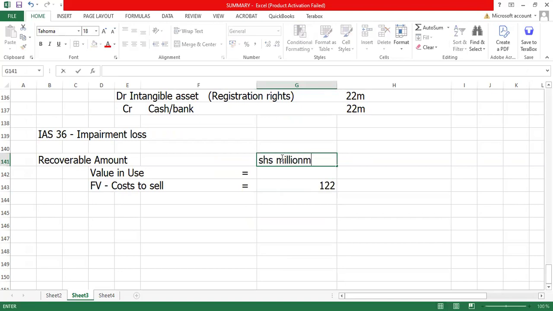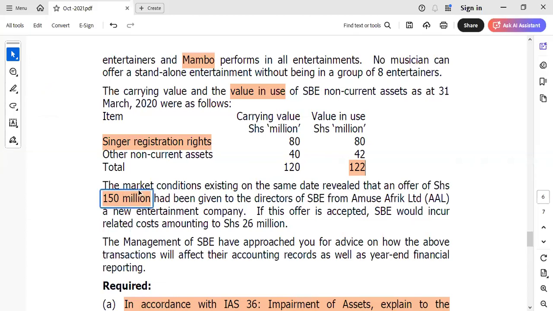Sorry, I have indicated it wrong here. Then what about the fair value less cost to sell? They told us the data revealed that you can actually get 150 million, but the cost to sell are 26.